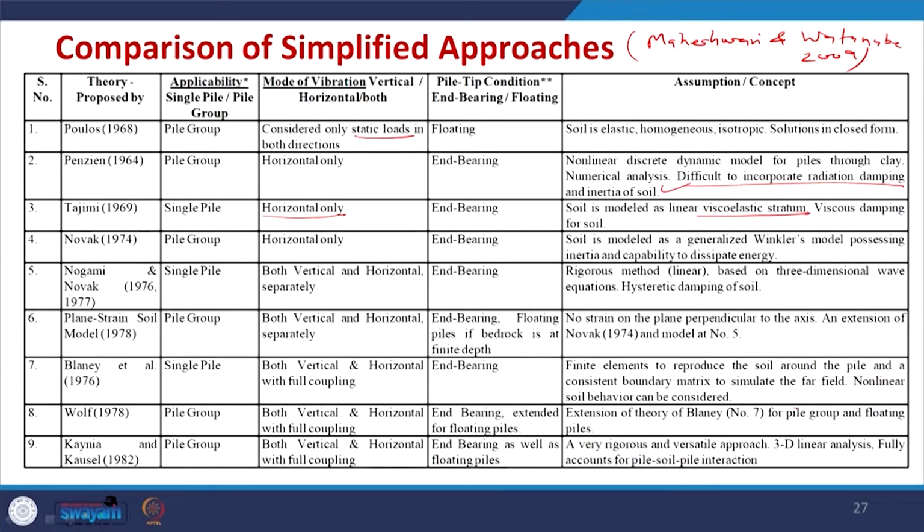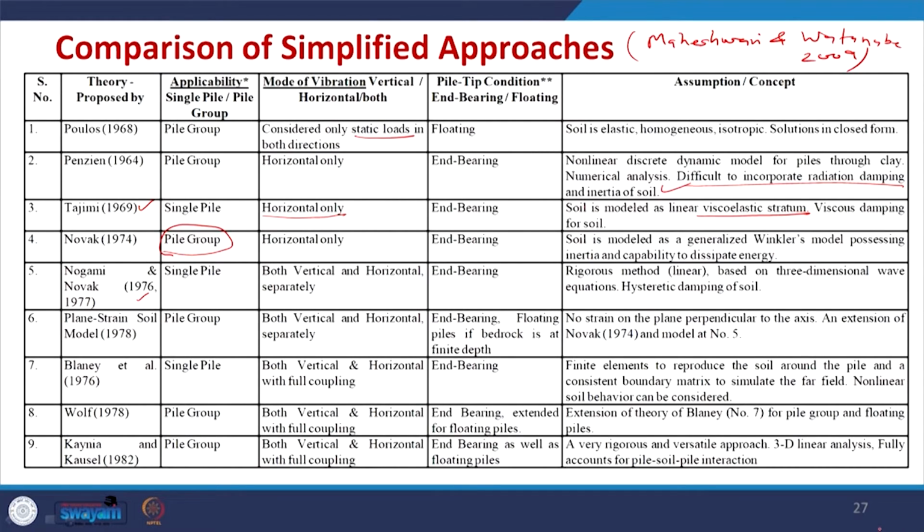Then Novak 1974, which we are going to talk about, because we have not talked about any theory yet for pile groups. We have talked about single piles, discussed Tajimi and discussed Novak. Novak 1974 was the first on pile groups, though Penzien was also on pile groups, but there was a limitation. This was for the horizontal mode of vibration and end bearing piles. Soil is modeled as a generalized Winkler soil model possessing inertia and the capability to dissipate energy.